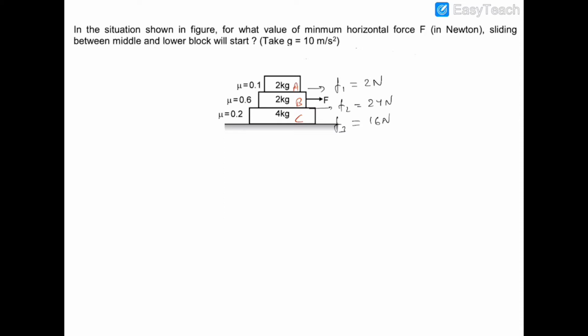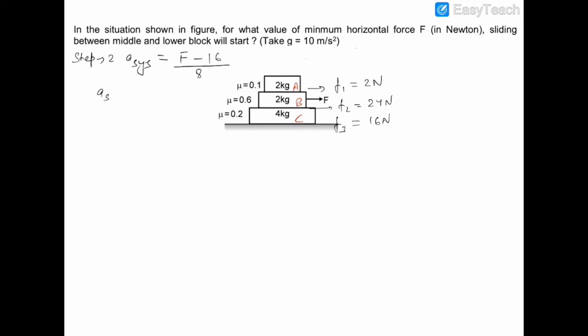Okay, now first of all, before anything we should consider them as a system and we should find out the acceleration of the system. So step 1 which we say is A system will be equal to the external force acting on these three blocks as a system will be F, and the friction acting from the ground will be in the backward direction, it would be 16 newtons, and the mass of the complete system will be 8.